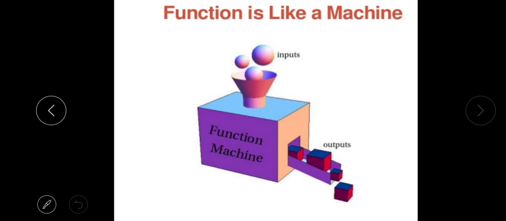The function is like a machine. See, in this picture, it is clear that you can see a machine. So when you are inputting something into this machine, some operations take place inside the machine and you will get the corresponding outputs.